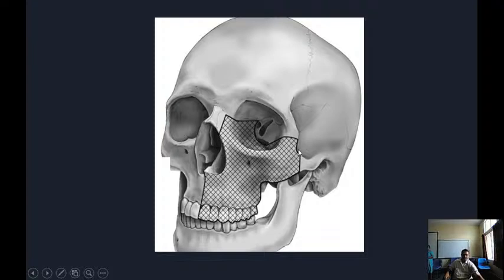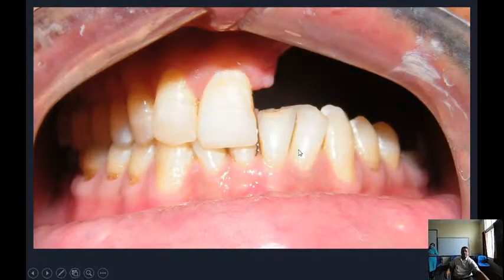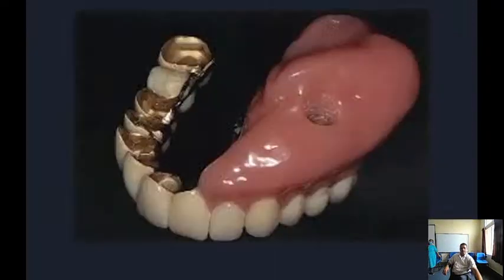You make an incision there, remove the entire tumor en bloc, and then it is reconstituted by the plastic flap.